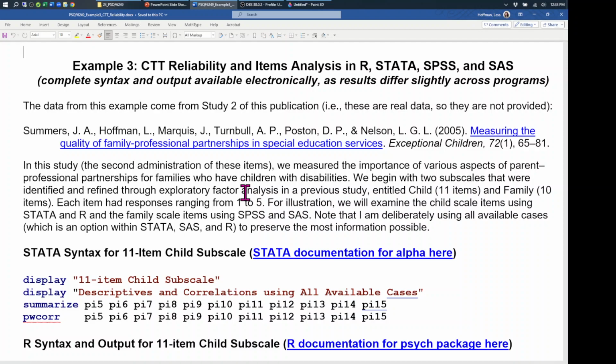So I built this example out of a real study, so the data are not included in the download folder, but all of the inputs and outputs from 4 different programs. I used SAS, Stata, R, and SPSS in this example. That way, when you do these analyses on your own data for homework 3, you can have your choice of software packages to do them in.